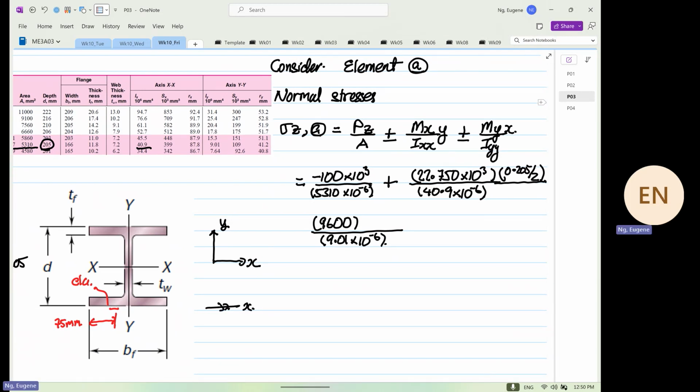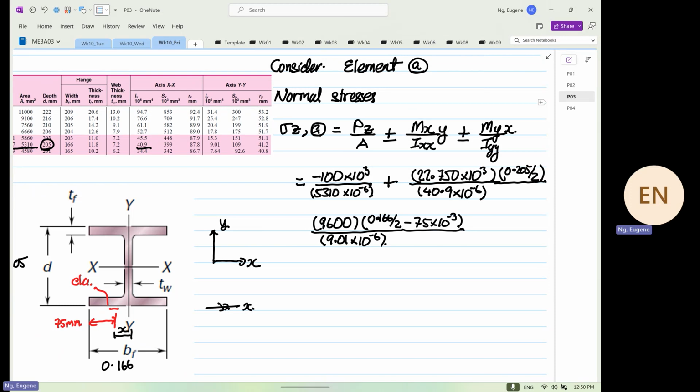To find this distance, this is our x. So BF is equal to 0.166 divided by 2 minus 75 times 10 to the power minus 3, because BF is equal to 166, or 0.166.